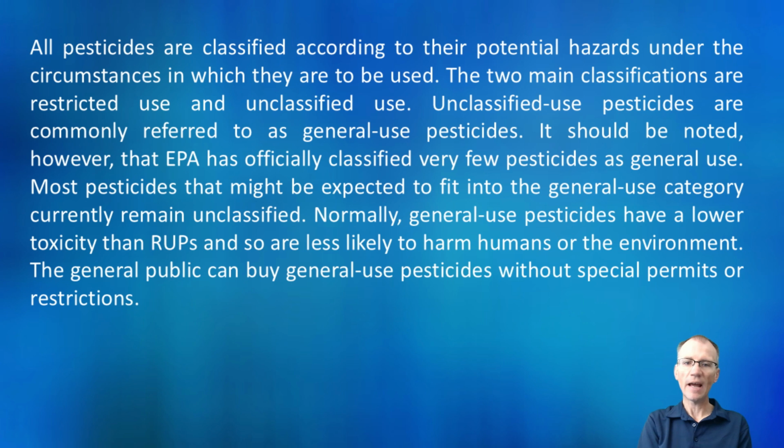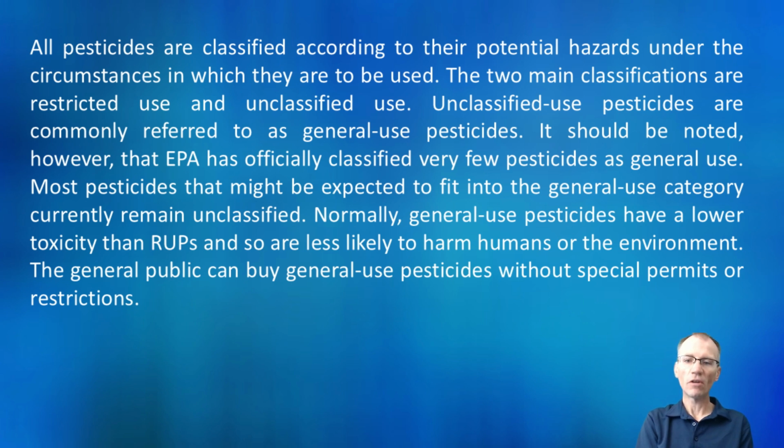Unclassified use pesticides are commonly referred to as general use pesticides. It should be noted, however, that EPA has officially classified very few pesticides as general use. Most pesticides that might be expected to fit into the general use category currently remain unclassified.